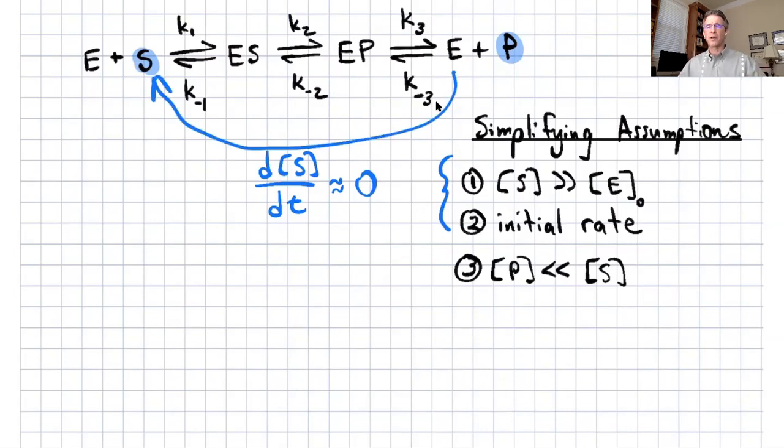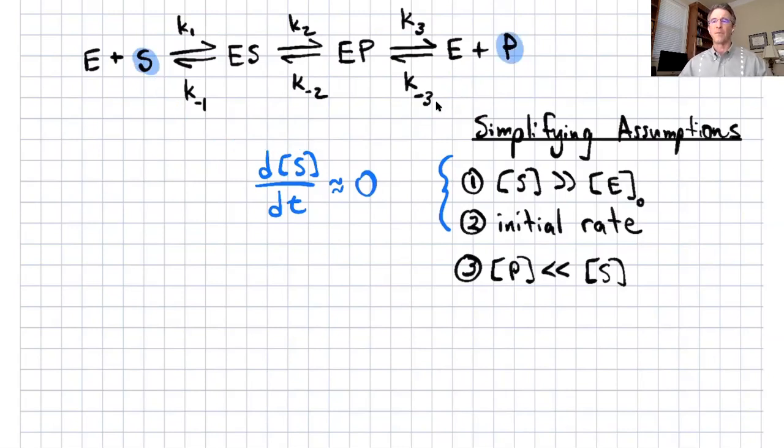So in large substrate excess, where the substrate is much larger at the beginning of the reaction than the concentration of product, we can neglect the ability of the enzyme to rebind the product at these early points in the reaction. We can basically ignore it. We can assume it doesn't really even happen.